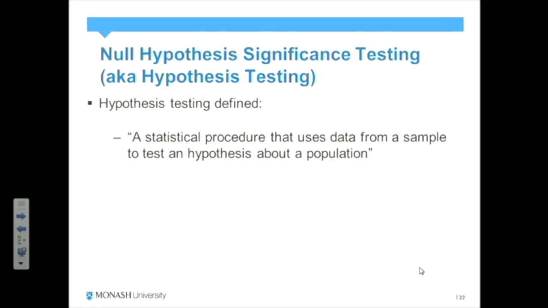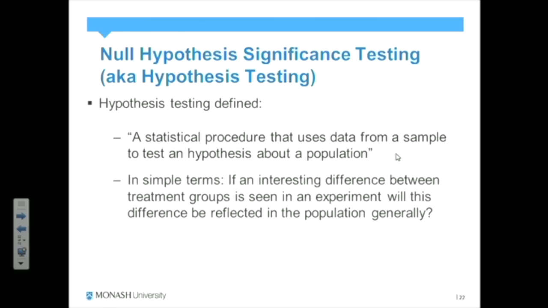So this is all building up to our null hypothesis significance testing, or hypothesis testing. We define that as a statistical procedure that uses data from a sample to test a hypothesis about the population. That's what we want to do. In very simple terms, if we see a difference and we think it's interesting, what we want to know is, does that difference actually play out in the population?